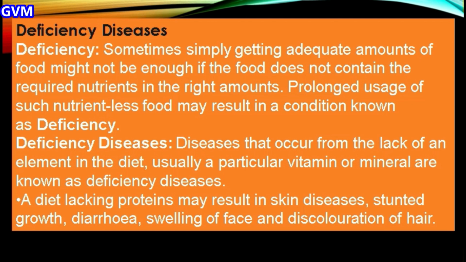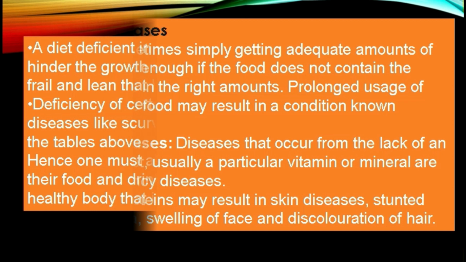For example, wheat is rich in carbohydrates but poor in nutrients like proteins and fats. Too much intake of wheat products results in deficiency of protein and fats, which reduces growth. Now, lack of protein also results in stunted growth, skin diseases, swelling of the face, and discoloration of the hair, and even causes diarrhea.